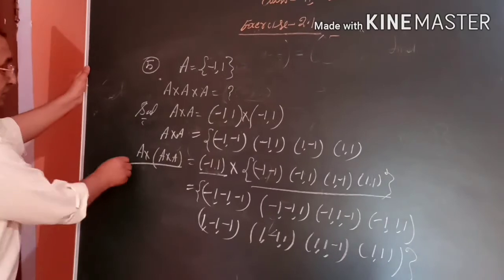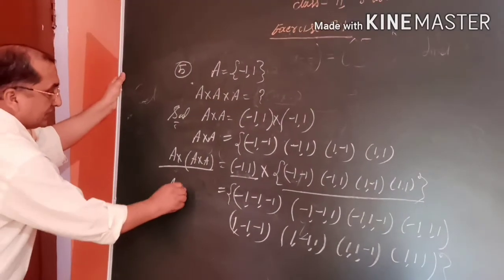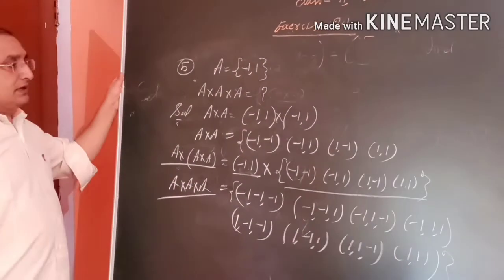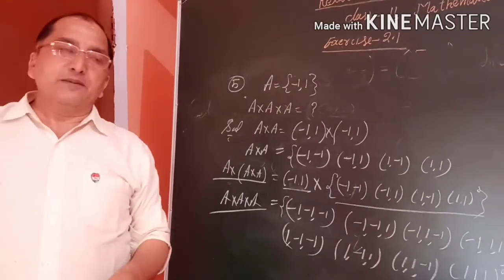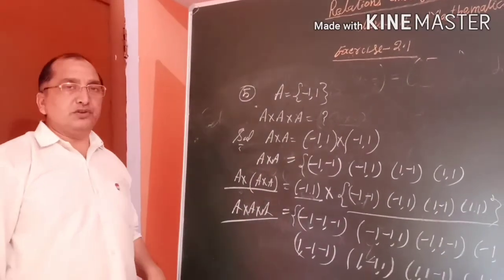So this is known as A cross A cross A, the triple cross product of A. This is the solution.